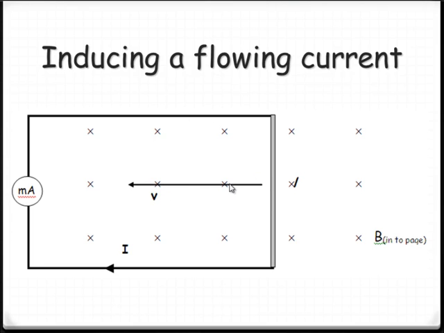By cutting lines, it's effectively making less field, or if it was going the other way and this stayed outside, we'd be creating more field. So you have to change the amount of field, and effectively that's just by cutting the magnetic field lines and taking some out. That changes the amount of field, therefore allowing an induction of EMF to occur.